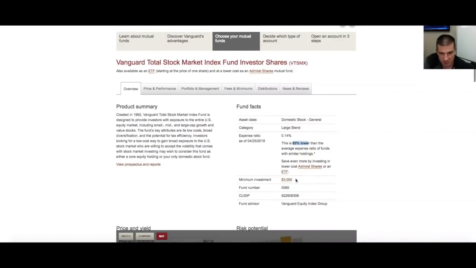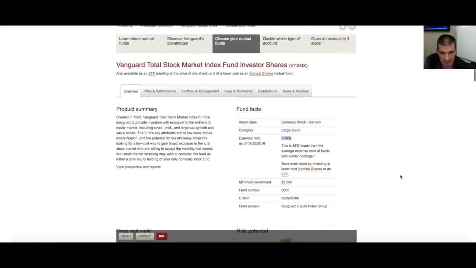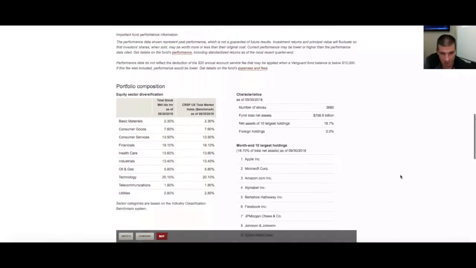Now, the investor shares carry with it a minimum to invest of $3,000, and unlike the Admiral shares, you can actually invest in these investor shares in any other brokerage account. You don't have to go with Vanguard to enjoy this. Unfortunately, you're going to have to pay a higher expense ratio to hold this VTSMX to get exposure to the exact same holdings.